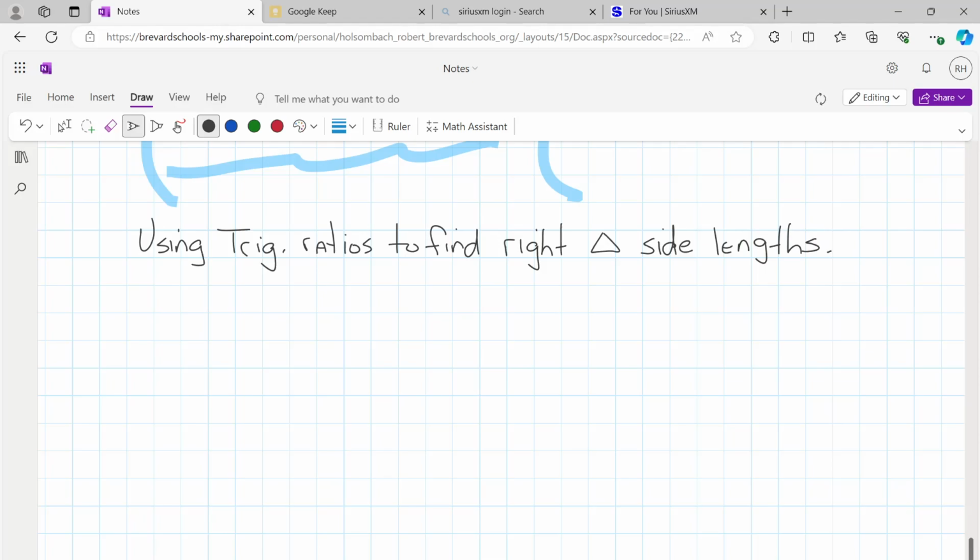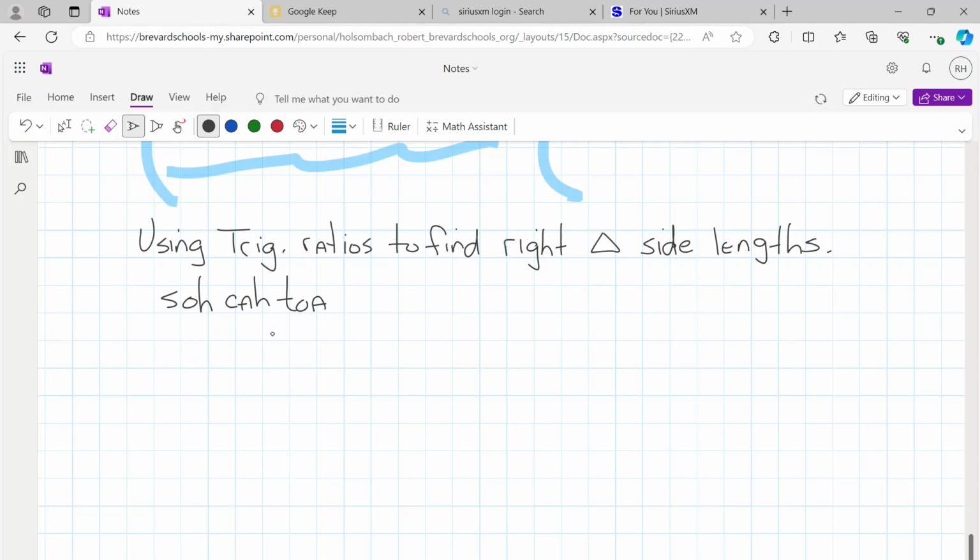I highly encourage you to write the acronym SOHCAHTOA on top of each page that you're working on when you're working with trig ratios.